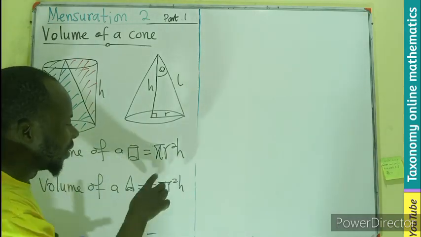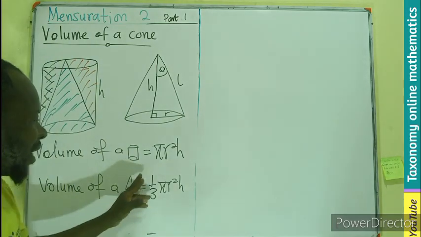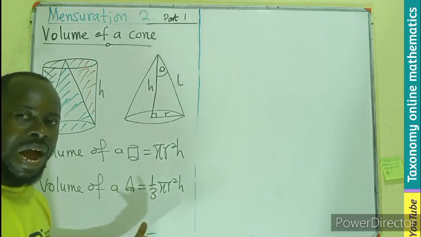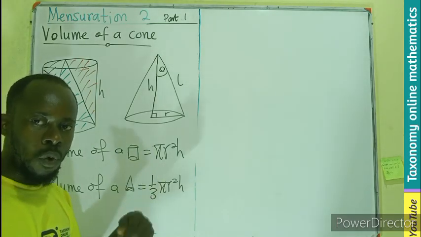That is, if you divide the volume of a cylinder by 3, you'll be able to find the volume of the cone. So this is one way by which we derive the formula that is used in finding the volume of a cone.